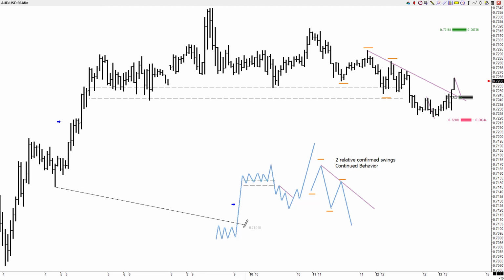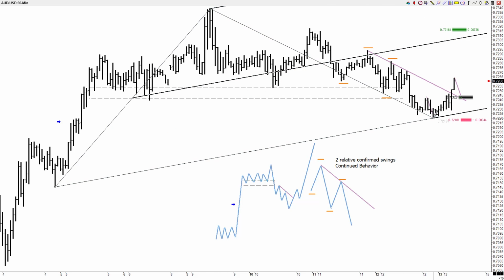So first we started with gap, then we went into swings, now we do lines. I'm just layering it.